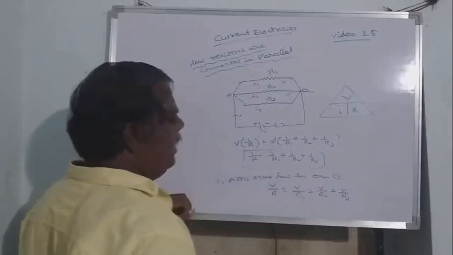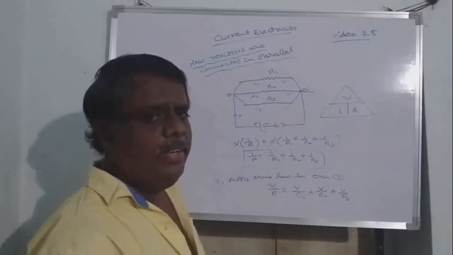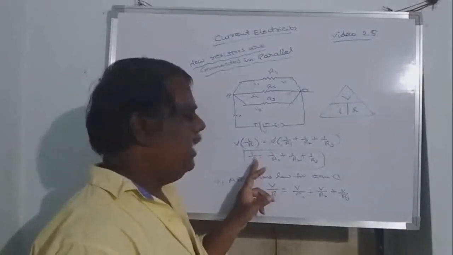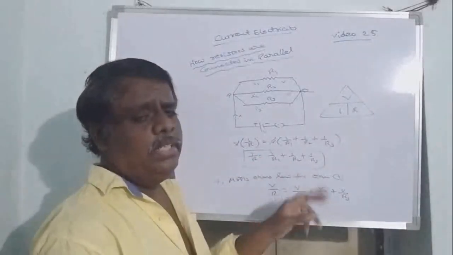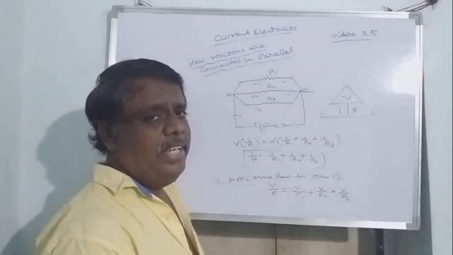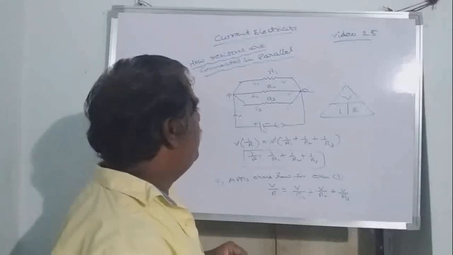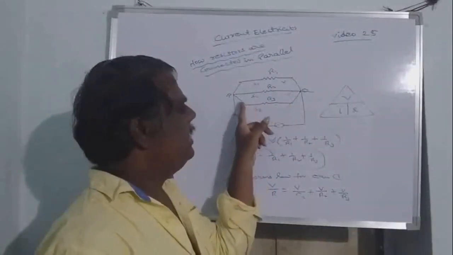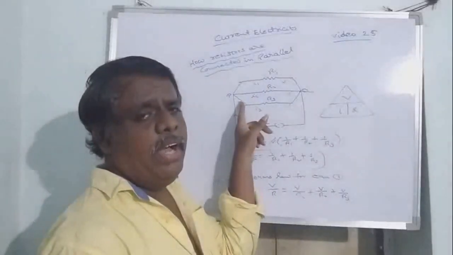So this is the resultant or effective resistance in parallel combination. The reciprocal of the effective resistance is equal to the sum of the reciprocals of the individual resistances. This is about parallel combination. In parallel combination, all the first ends of the resistors are connected to one single common point.